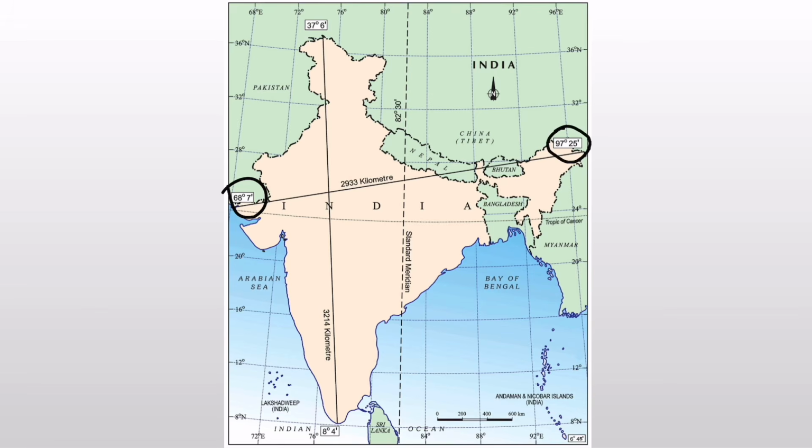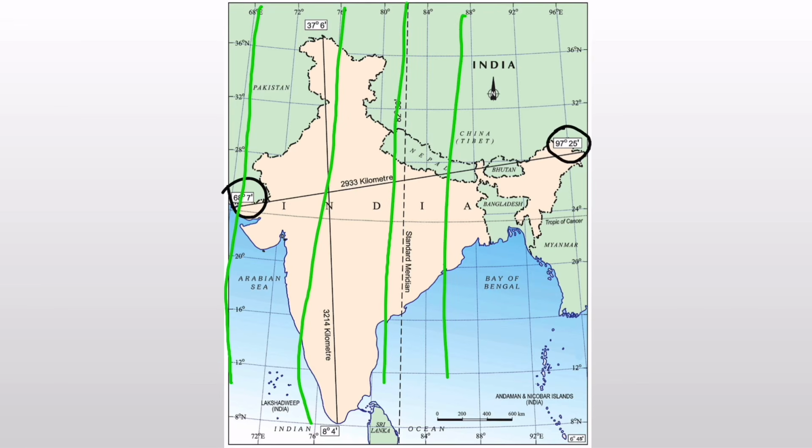Now, we all know that each longitude will have a different time with respect to the sun. That's what was local time. So the time at this longitude would be different to the time over this longitude or over this longitude, and so on. So the time over every longitude would be different because the sun's position is changing.